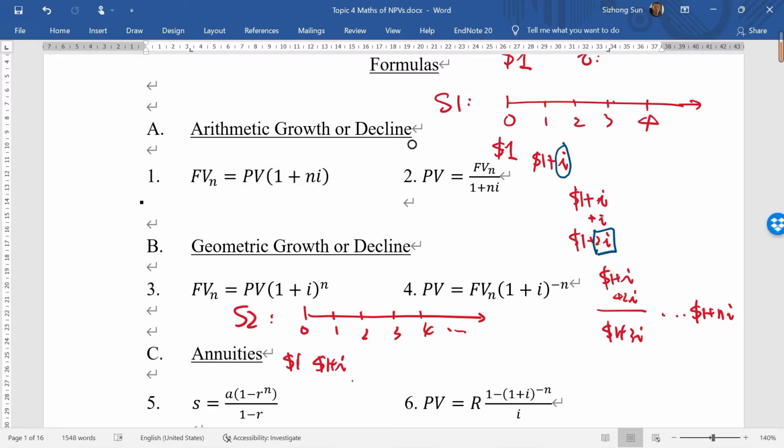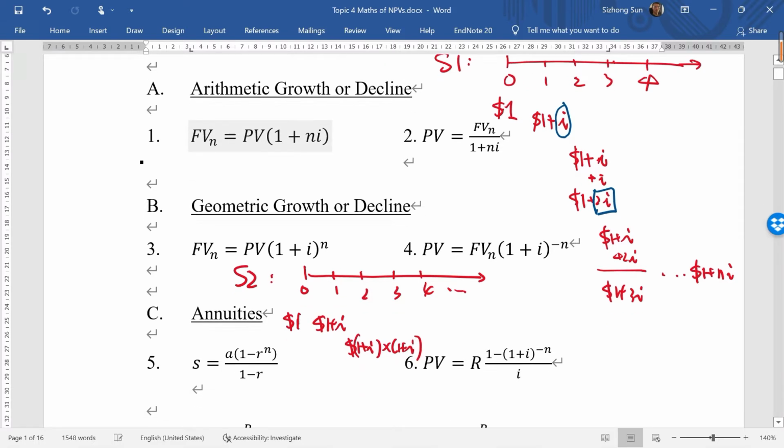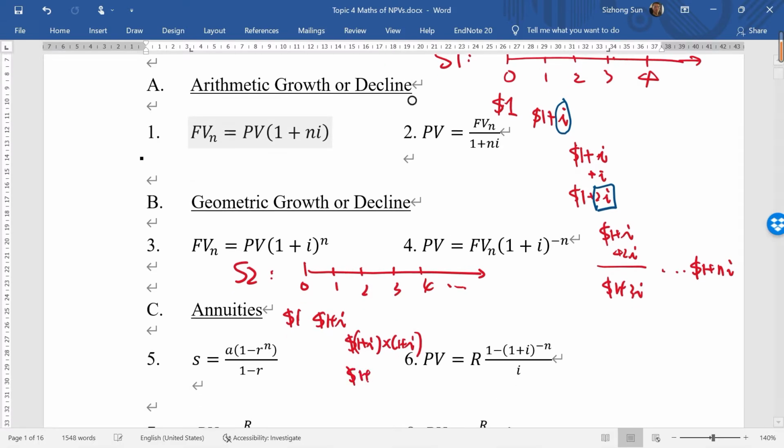So in year 2, I get (1 plus i) times (1 plus i), or (1 plus i) squared.